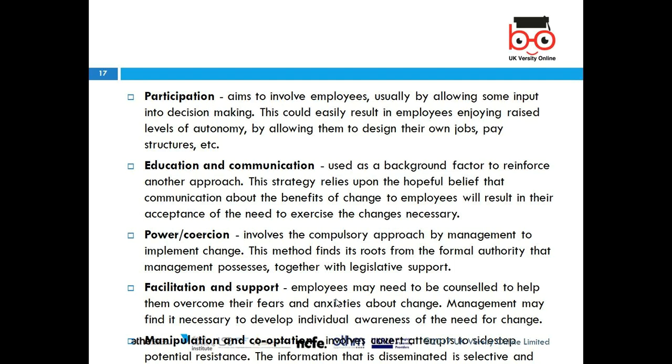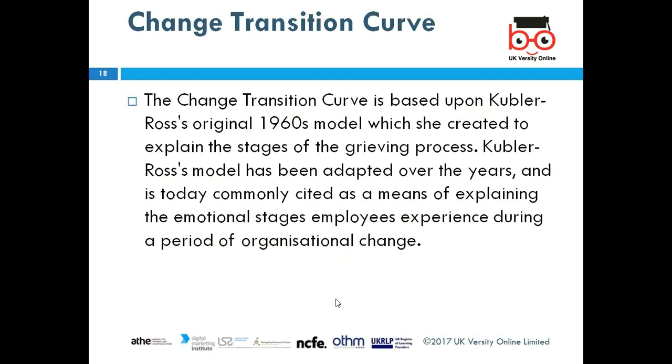Facilitation and support: how we can cooperate with each other to achieve our objective, because ultimately the purpose behind any change is to achieve our objective effectively and lead our organization.